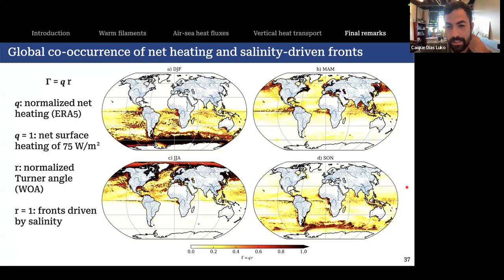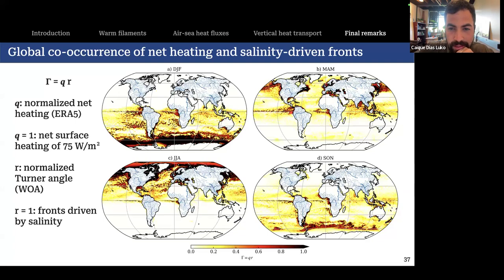Yeah, that's a good question. One thing I would say is that this map is just looking at the salinity fronts, but it's not actually telling us if these are submesoscale salinity fronts. So even though we have something showing up at the equator, it's kind of hard to define the submesoscales at the equator, and I don't know if this would be very appropriate. But that being said, this line is very interesting.